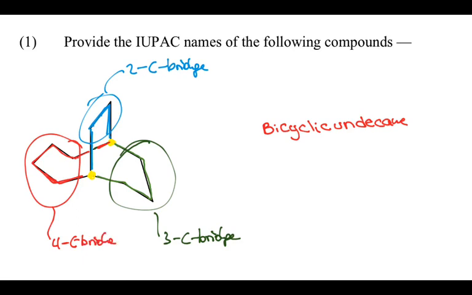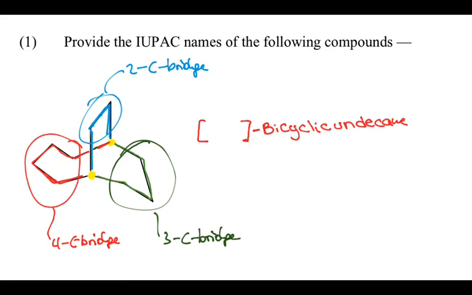So what we do now is, before the bicycloundecane, we just say what bridges we have. And we do this with these brackets. That's just special notation for these bicyclic compounds. You order them starting with the largest bridge first, and then you decrease the numbers.